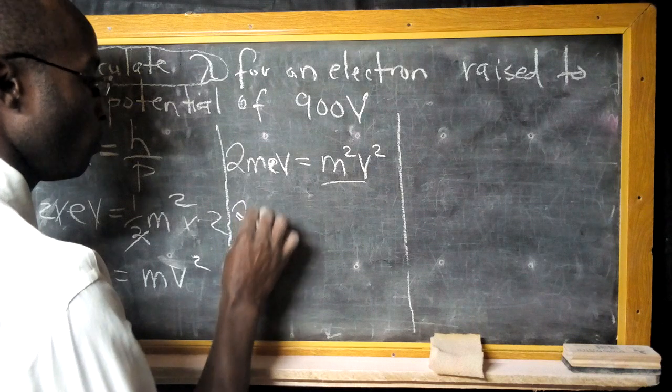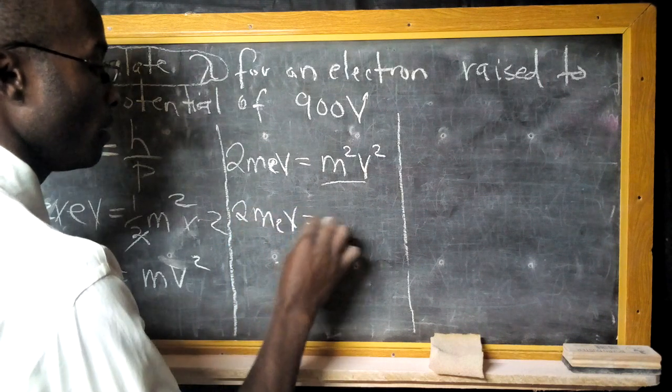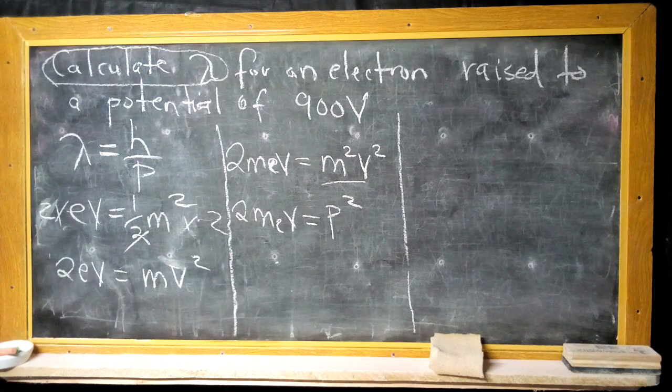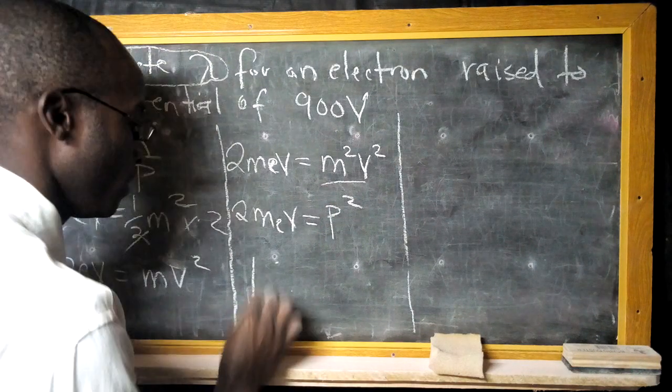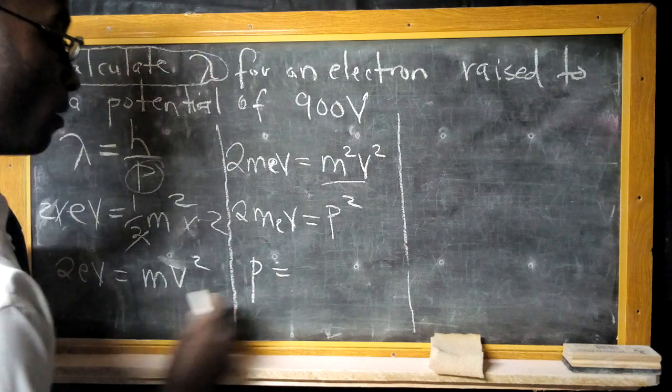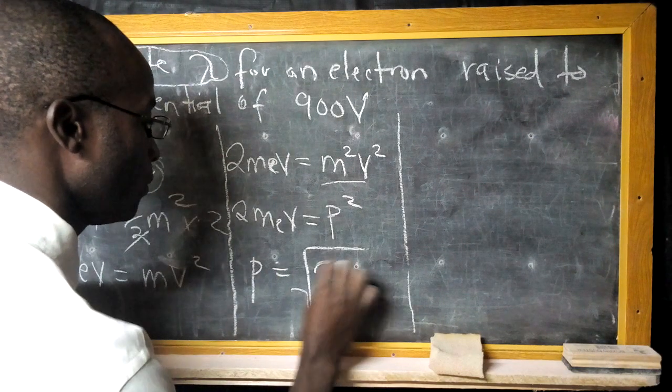So 2meV equals p squared, this being momentum squared. Making momentum the subject of the formula, we can describe the momentum of this particle as the root of 2meV.